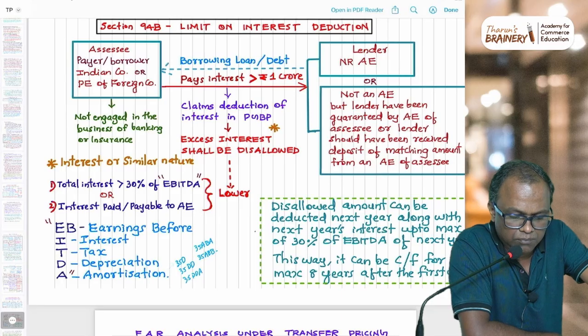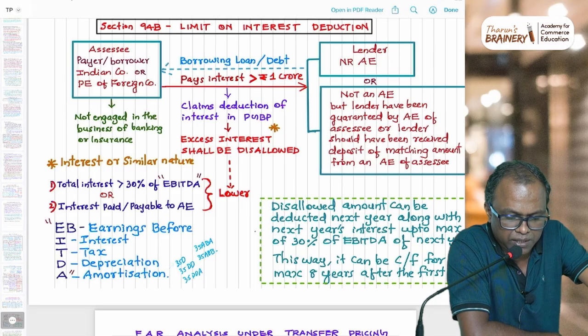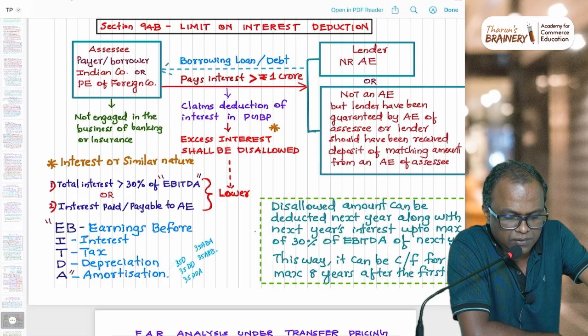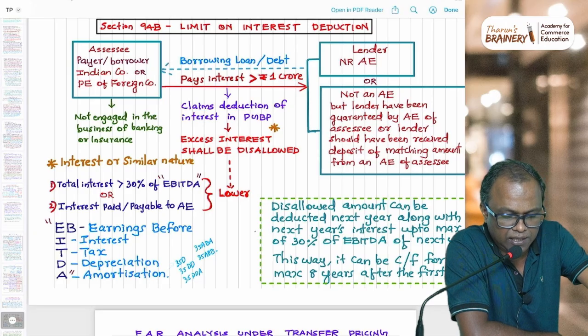It has total borrowings of rupees 60 crore by way of loan as on 31st March 25. Saksham Limited of Germany imported 5 lakh blankets from Paras Limited for resale in Germany at rupees 2000 per unit. Paras Limited sold similar blankets to other dealers in Germany at rupees 2100 per unit.